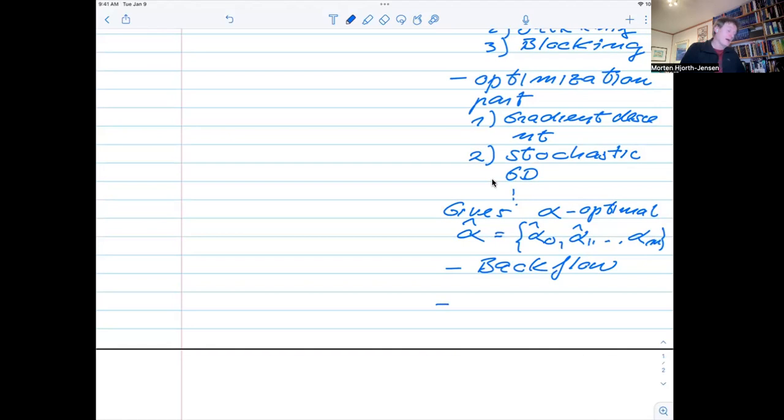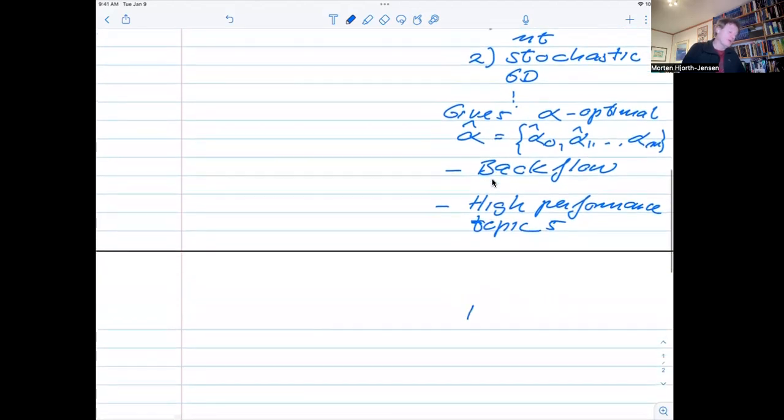Then we are going to have high performance computing topics, which is normally shortened to HPC.